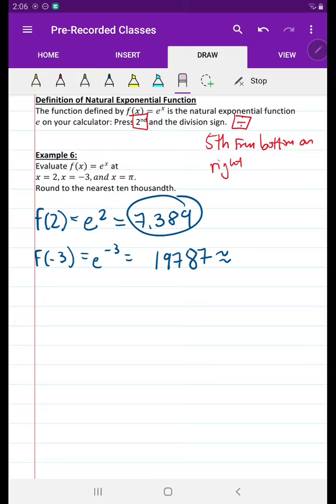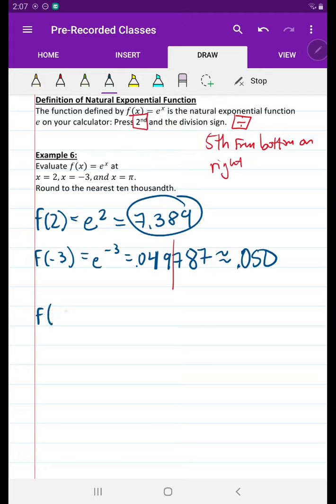Oh wait, I put my decimal point in the wrong spot. It should be 0.049. So if we round this to 3 decimal places, the third decimal place will be cut off right here, so this is actually going to round to 0.050.